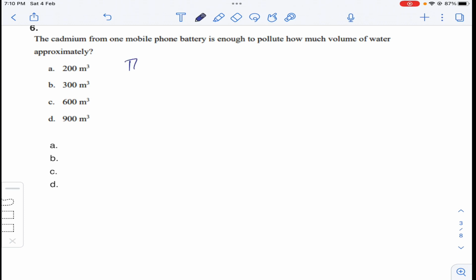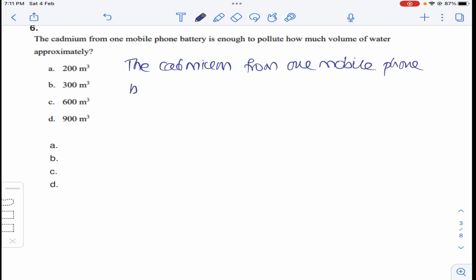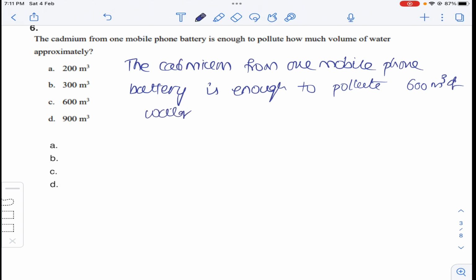So the cadmium from one mobile phone battery is enough to pollute 600 meter cube of water. That is, one mobile can pollute 600 meter cube of water. Answer C for question number 6.